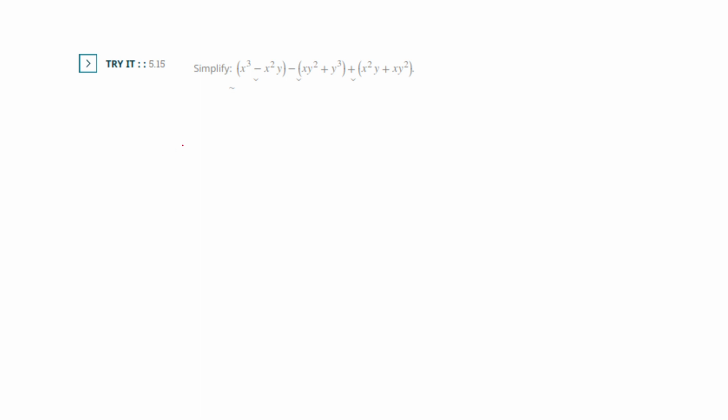Okay, I don't know what happened when I copied these. I'm not sure why I've got all these squigglies here, but let's try one more. So x to the third minus x squared y, or pause the video if you want to try this on your own. Now this middle group is going to change signs because of the subtraction.